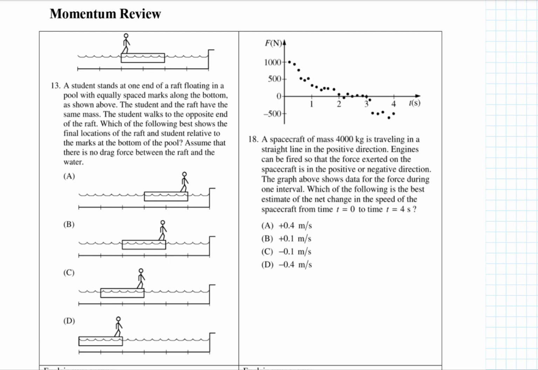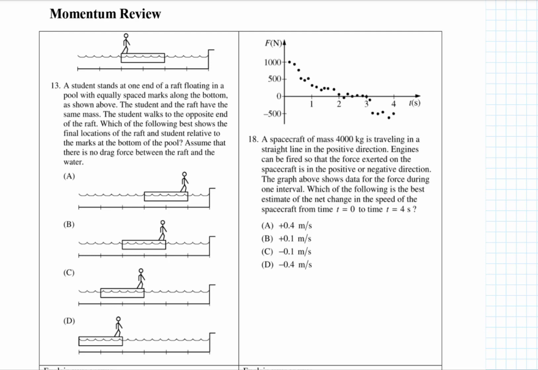So there are no net forces here, which means the velocity of the center of mass of the system is going to stay at zero. They're at rest to begin with, so the velocity of the center of mass is zero. So right now, with the velocity of center of mass being zero, and it's staying that way, that means the center of mass is going to stay in the same location the entire time.